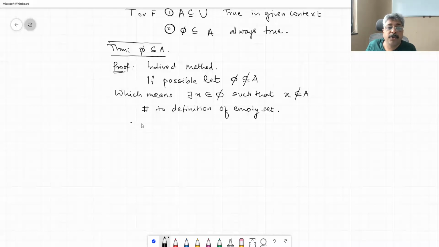Therefore, we don't have a choice but to assume that phi is a subset of A. Simple.